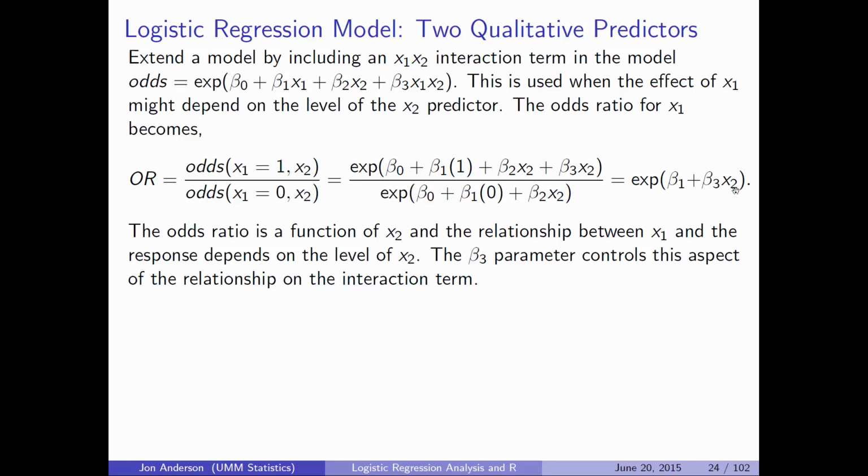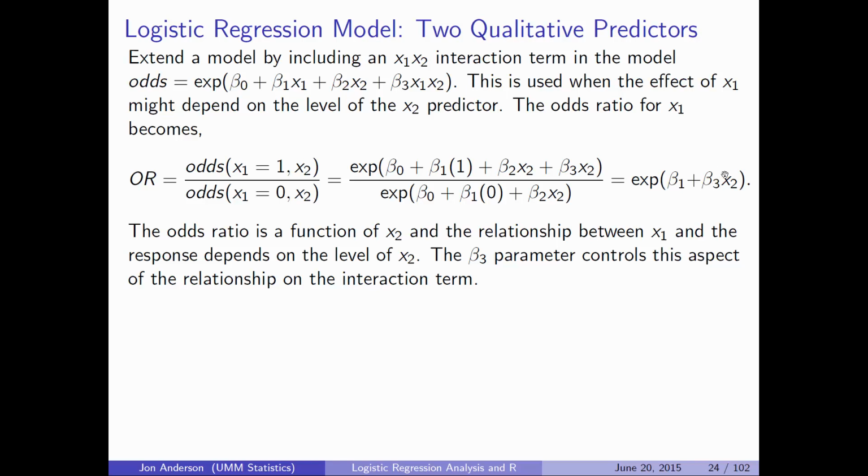What's interesting about this is that this is an odds ratio for x1, and notice that it is a function of the value of x2. This is exactly what interaction means. It means the effect of x1 depends on what the level of x2 is. If the level of x2 really doesn't matter at all, that will happen if beta 3 is 0.